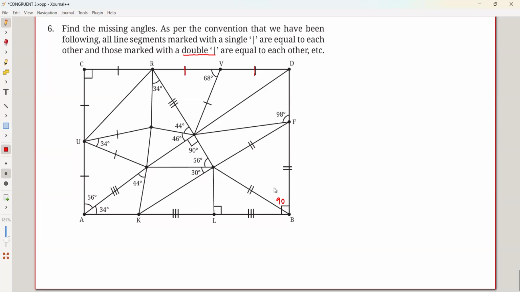They ask us to find the missing values. Here we are going to apply all the concepts. First we'll go with this angle, the missing angle we have to find out.